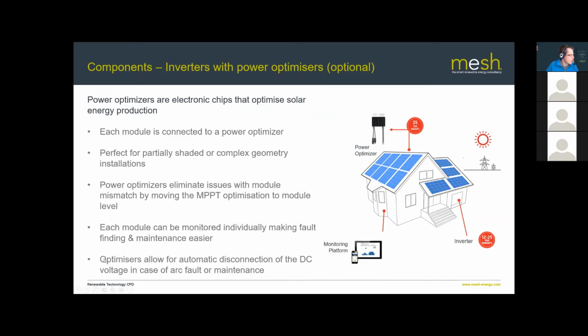There's one further advantage of power optimizer systems, which is not inherent to power optimizers, but the only company that makes power optimizer systems, a company called SolarEdge, they also allow for automatic disconnection of DC voltage in the case of an arc fault or maintenance. Now, what does that mean in practice? Well, solar panels will always produce electricity when they're in the light.